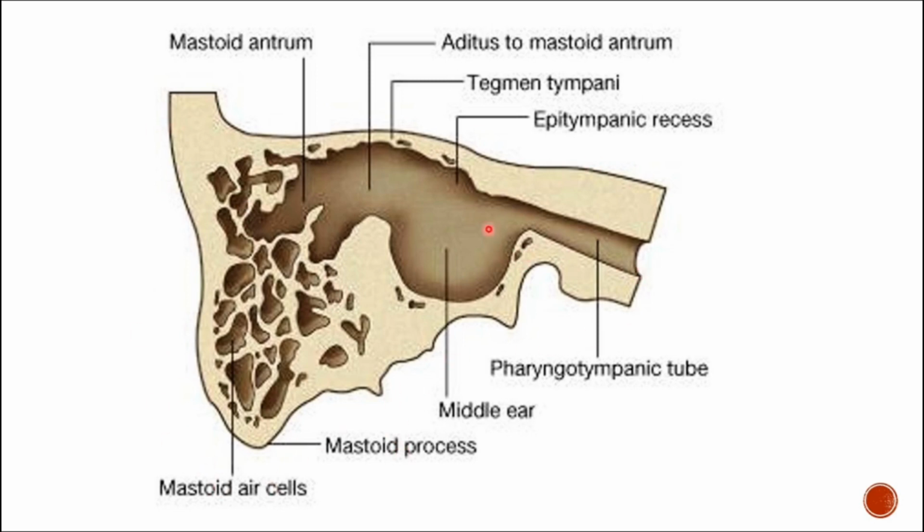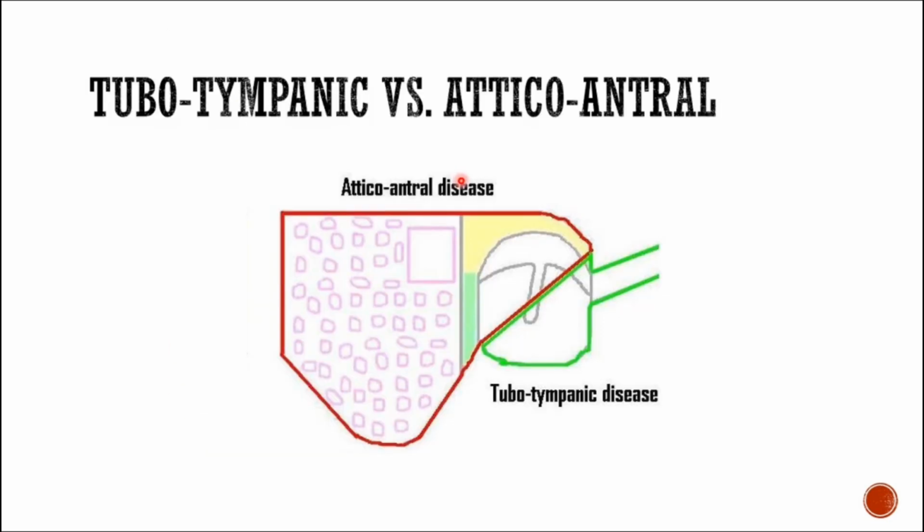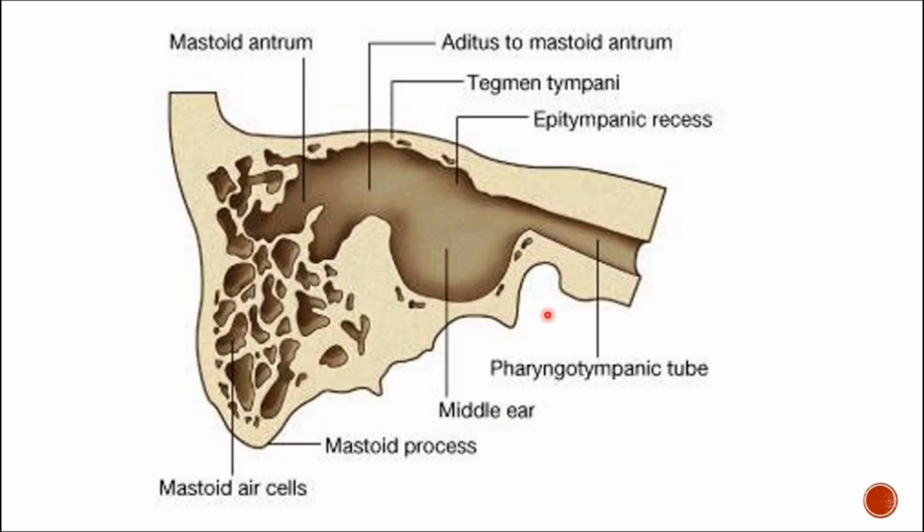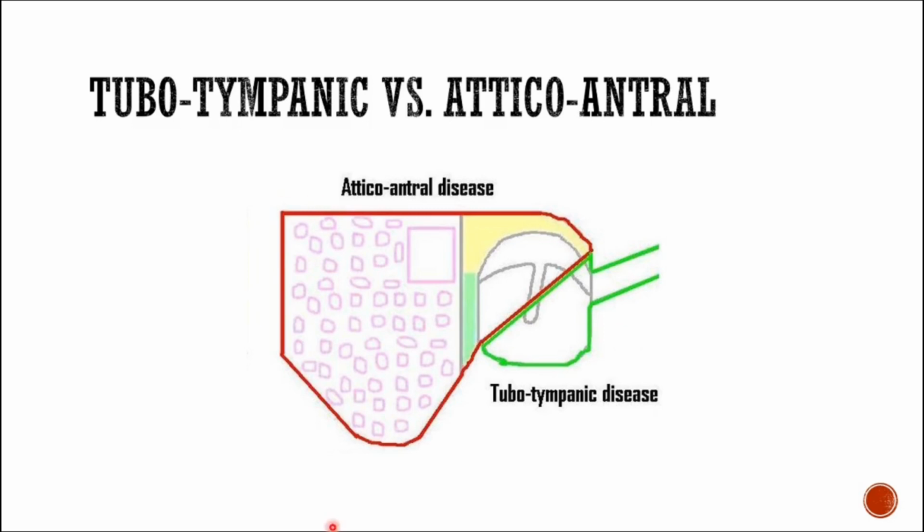To recapitulate, it includes the eustachian tube, the tympanic cavity, the aditus, and the antrum. I told you already that today we will be discussing the tubotympanic disease. It is the same middle ear cleft, and this is the diagrammatic representation, with the same eustachian tube, tympanic cavity, aditus, antrum, and other mastoids.